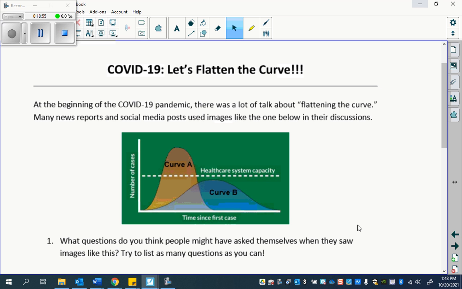What does that white dotted line represent? And is that a changing value or is that a constant value? Constant. Yeah. Okay. So here's why that white dotted line was a big deal. That was what our healthcare system could handle.